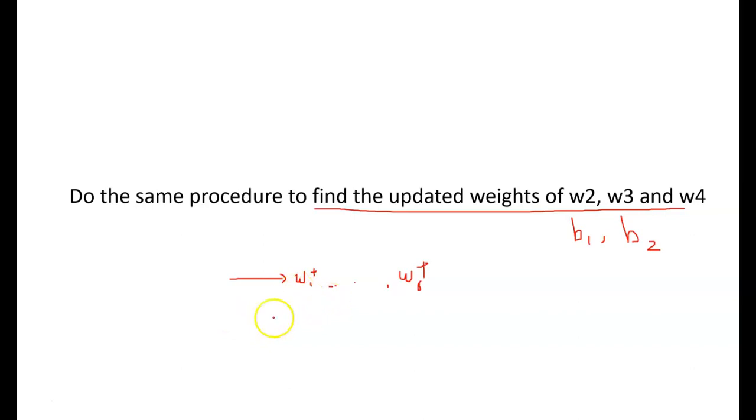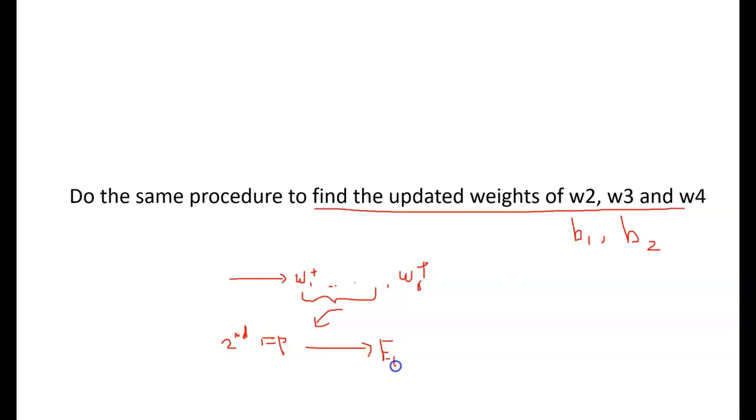Now once you have these updated weights, using them you have to do your second round of forward propagation. Yes, using these updated weights. Once again you do your forward propagation, and what you will get is your total error. Right?